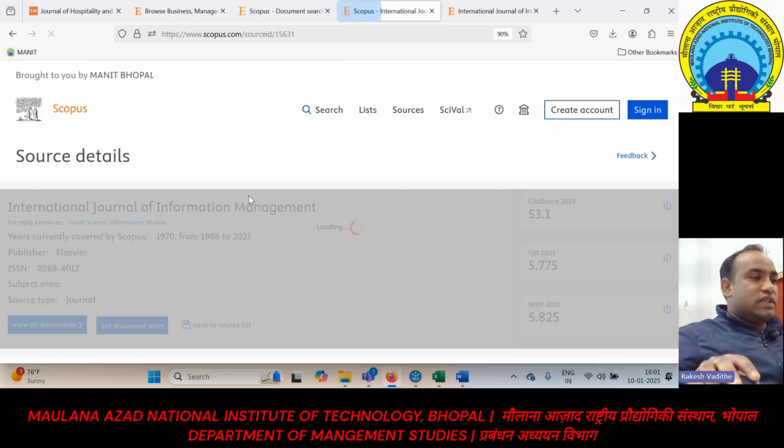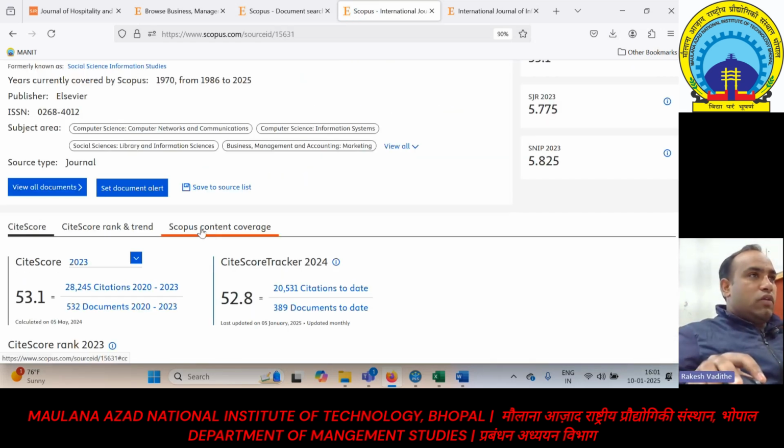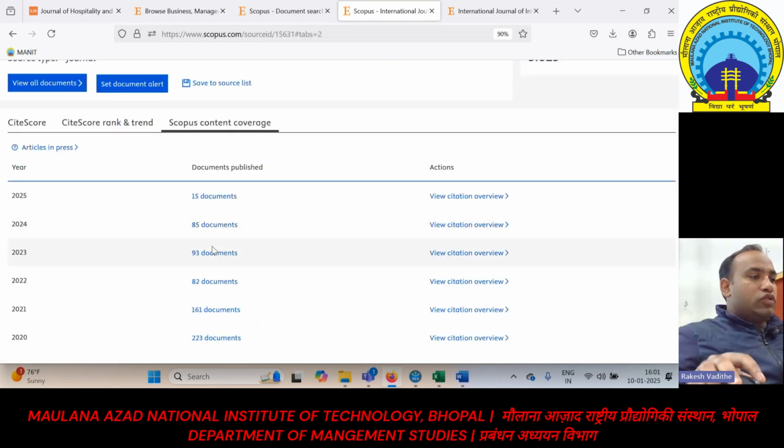International Journal of Information. Here go to the Scopus content list. You see 93 articles they have published, 85, 16.